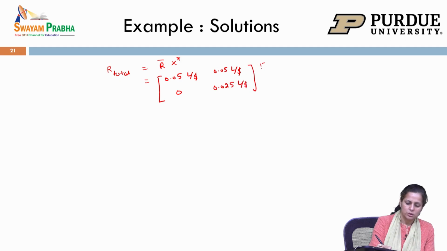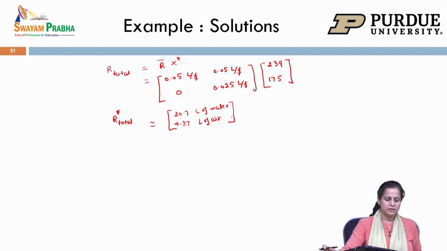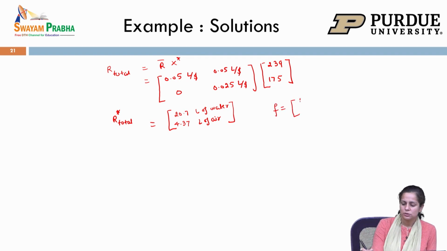You multiply it with the new x star that we calculated, which is 239 and 175, and when you do that, your R total for the new final demand comes out to be 20.7 liter of water and 4.37 liter of air. That is the total amount of resource consumption required to support the final demand that we had set for the two sectors, which is 100 and 50.